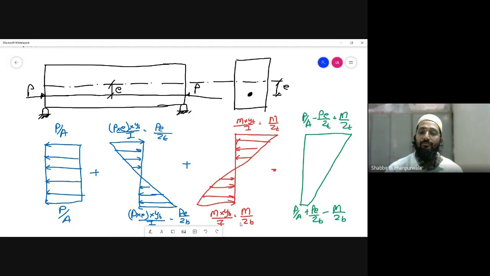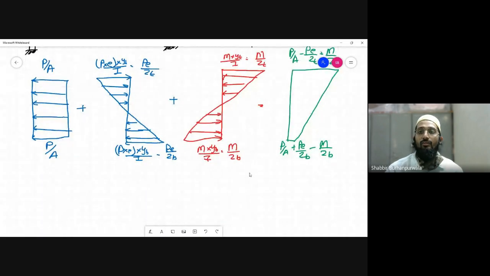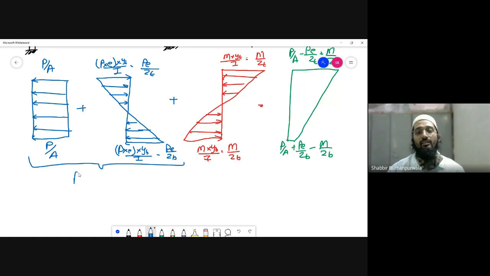Okay, so these are how your final stress diagrams are going to be. So these are your pre-stress, and this is your external stress.